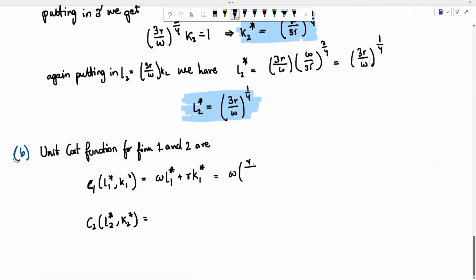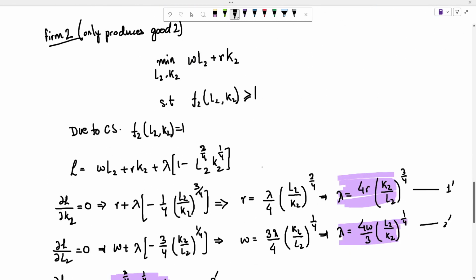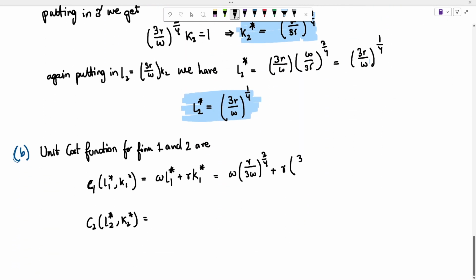So r by 3 omega to the power 3 by 4 plus, here we have r times 3 omega by r to the power 1 by 4. Can we simplify this? I hope we can. So instead of writing it like this, we can flip this. So let's make this minus 1 by 4.